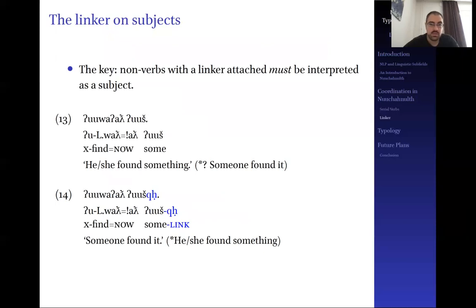Number 13, uwat ush, he found something, and it's kind of difficult but possible to get an interpretation where 13 means someone found it. And number 14, with the same sentence but with the linker attached to some, we get uwat ushq, find some linker, and this must mean someone found it. It is impossible to make it mean he or she found something.